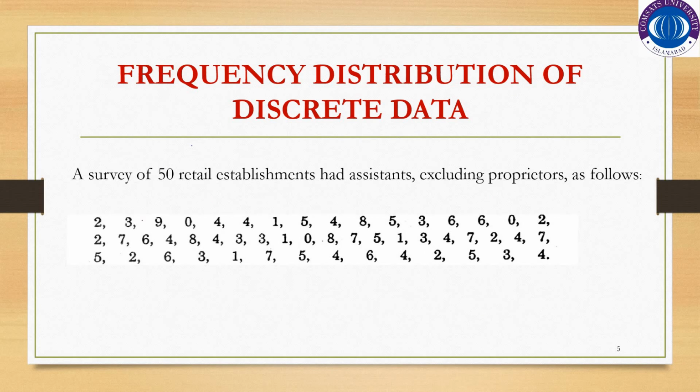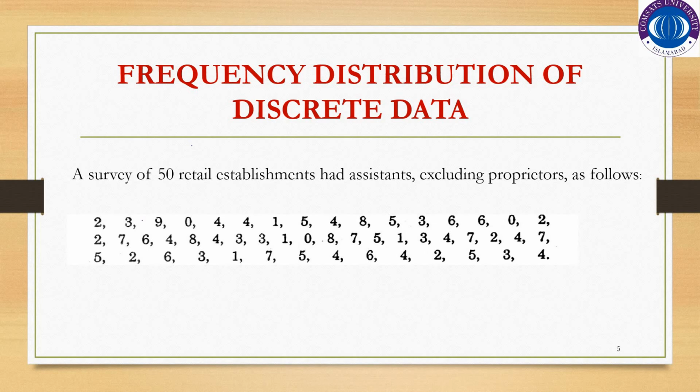Now we will have frequency distribution for discrete data. We have studied frequency distribution for continuous data. For continuous data, when we construct frequency distribution, we have class intervals, class boundaries, class marks, and tally and frequency, and so on.